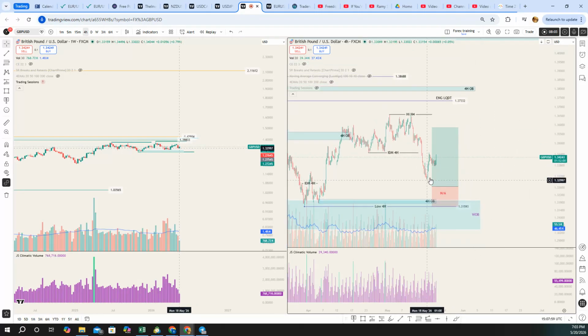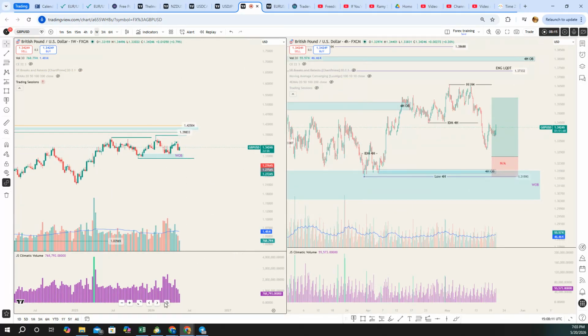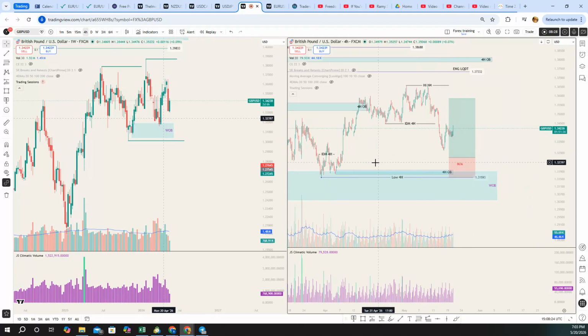So now the story of the 4 hour as well is it's going up. We have another reason, which is that there is a reaction, as we said, from the internal structure of the weekly. This reaction, which is an upward reaction on the 4 hour, is still happening.